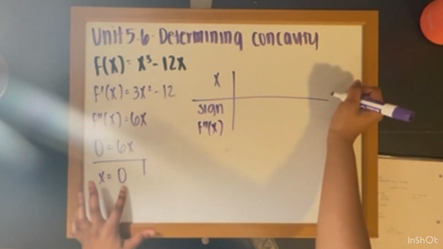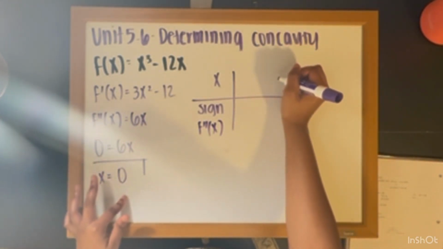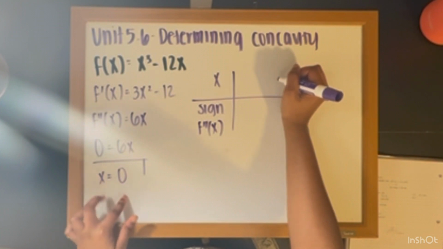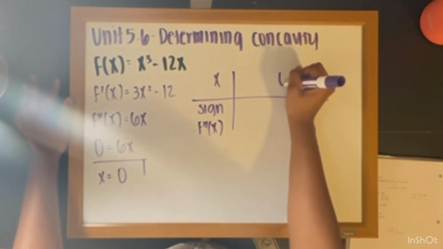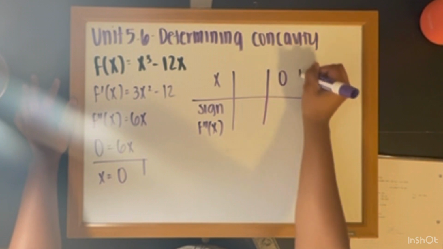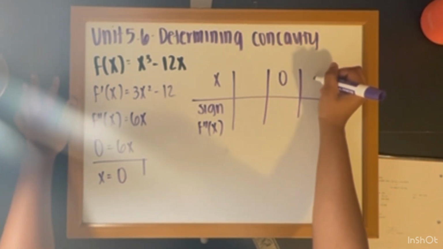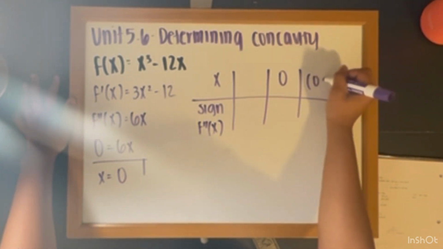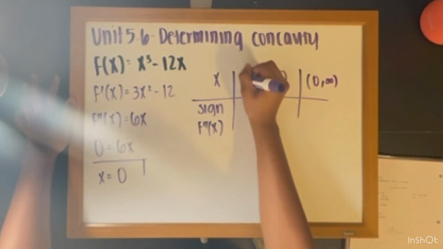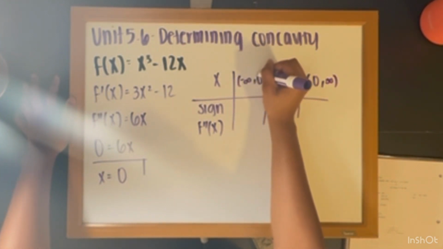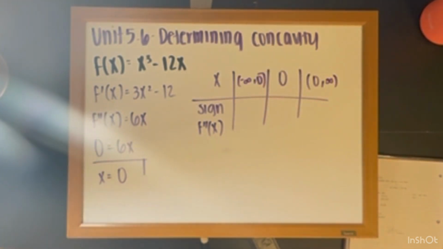So I'm going to put what I solved for, 0, at the top here. And I'm going to find intervals. So I have 0 to infinity, and I have negative infinity to 0. And just like we did before, you plug in a number that's in between the interval into our second derivative.